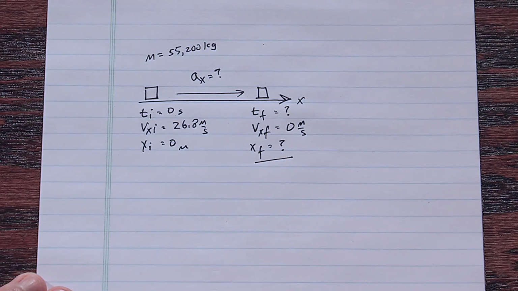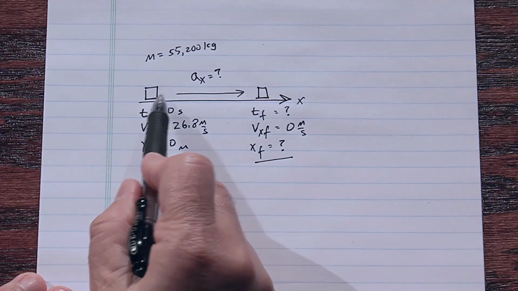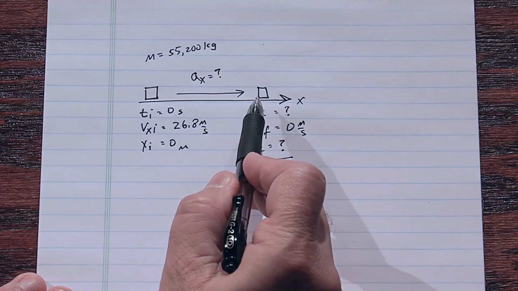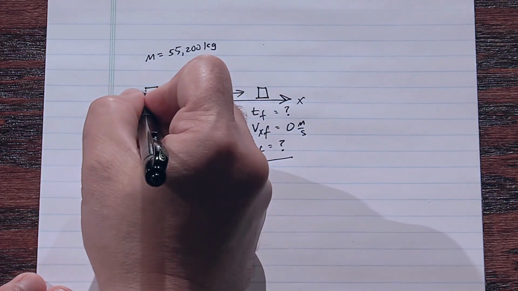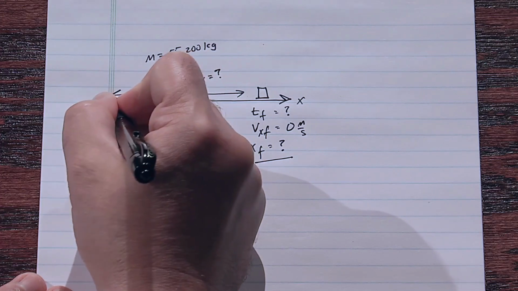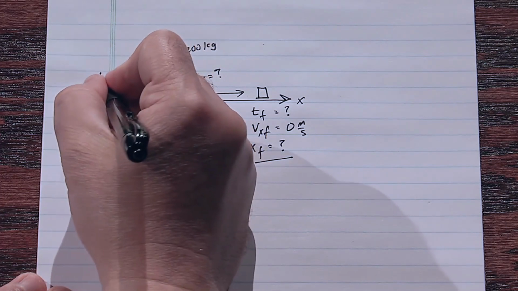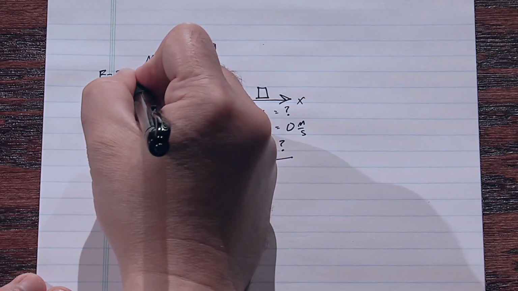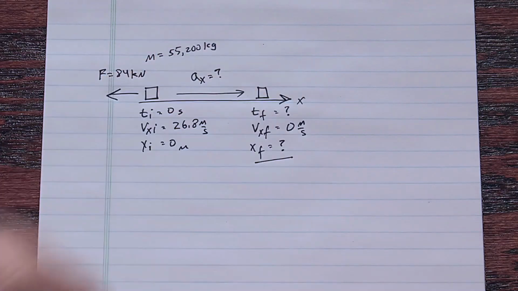We're told one more thing. We're told that there's a braking force of 84 kilonewtons. So if the train is moving to the right, then the braking force would be applied in the opposite direction. And we'll just write F is equal to 84 kilonewtons.